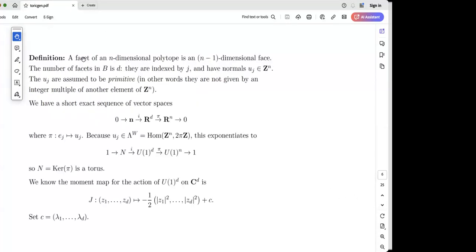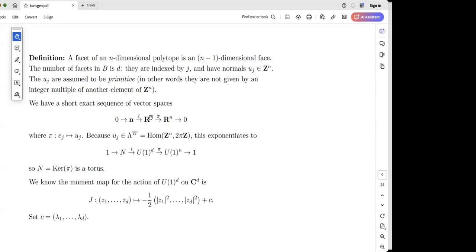A facet is an (n-1)-dimensional face. So the number of facets in B is d. They're indexed by j, and the normal vectors to these facets are the u_j that appeared on the previous slide. The u_j are assumed to be primitive. In other words, they are not an integer multiple of another element of Z^n.